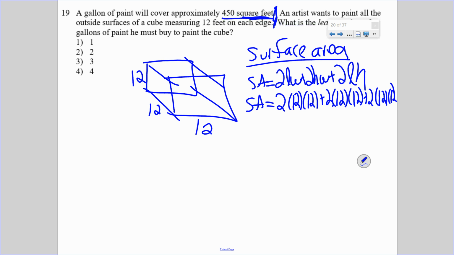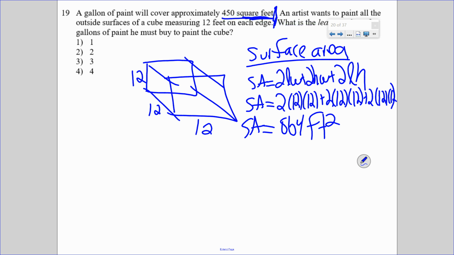For a cube, it's going to always be the same. I could make this one a little bit easier, but if it's a regular rectangular prism, you have to know that. So that is 2 times 12. I'm just using my calculator a little bit right now, and I'm getting 864 feet squared.